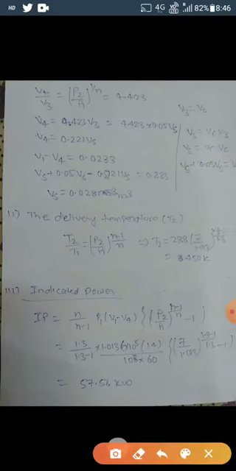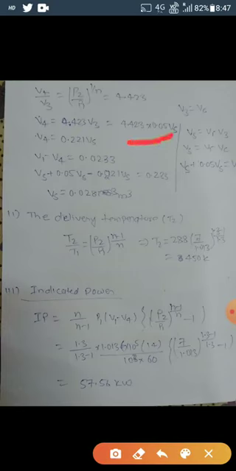Everything is given: P2, P1 and n. So you can find the ratio 4.423, and V4 equals 4.423 into V3. V3 is nothing but the clearance volume, already given as 5% of swept volume.